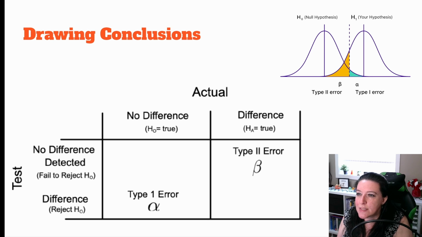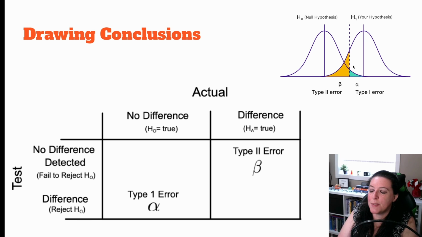If we move this line that divides between what we're testing, then the problem is that if you're trying to minimize type 2 error, you're going to increase type 1 error. And if you're trying to minimize type 1 error, you're going to increase type 2 error. So there's this trade-off between.